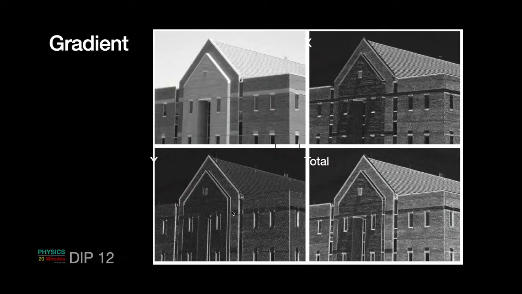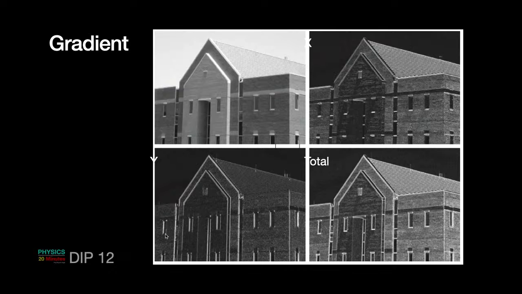So all my y gradients appear. I'm running my operator horizontally and it gives me all vertical edges. Please remember that. It is very important that if you have a horizontal calculation of gradient, that is the Sobel Y operator, it gives you all the vertical edges.